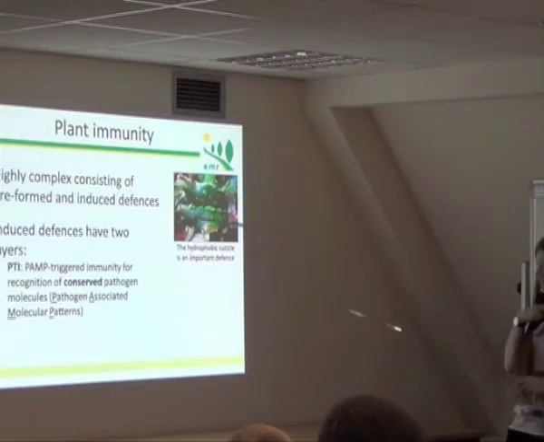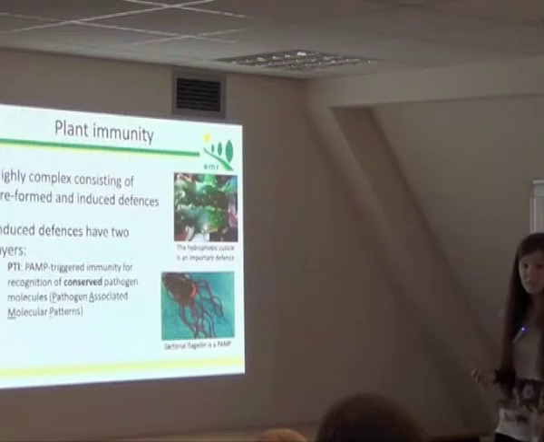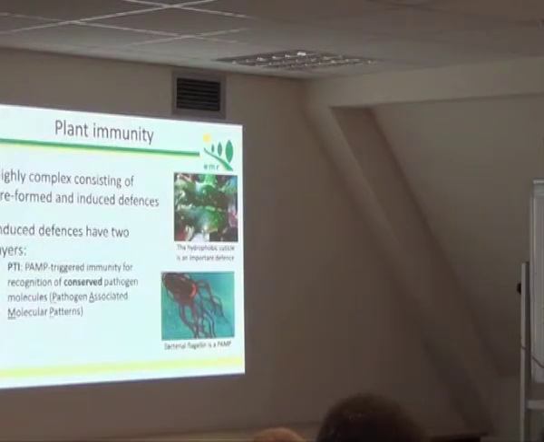We have PTI, which is PAMP-triggered immunity, which is triggered by the recognition of conserved pathogen molecules. For example, the bacterial flagellin is a conserved molecule important in the movement of bacteria, so is a PAMP, which triggers this plant immune response.